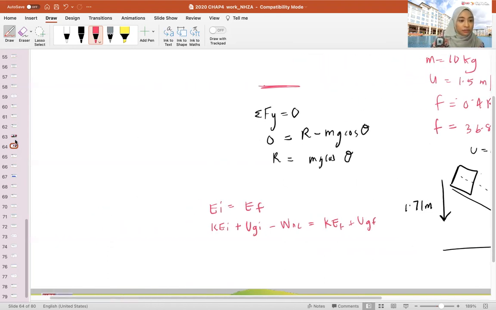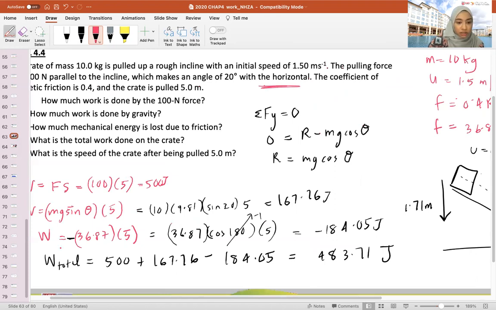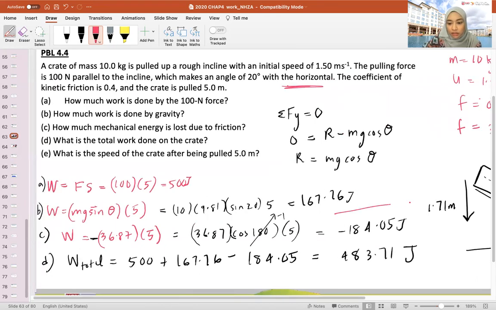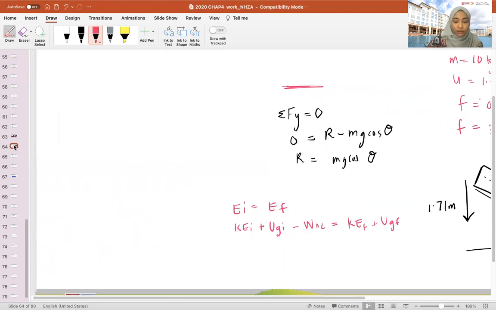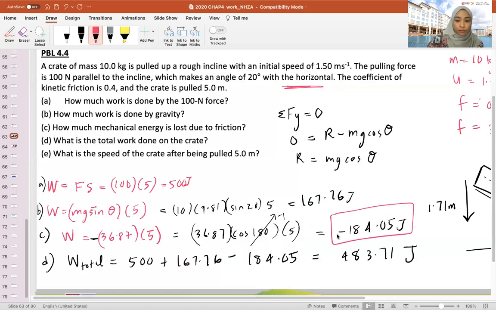Just now, we already calculated the non-conservative work done by friction, and we found this value. How do I know this is the value? Because this is the work done by friction, and the work done by the non-conservative force is equal to the work done by friction. So this is our value actually. So, 184.05. KE is 1 over 2, 10, and then our initial speed was 1.5 squared. UG I don't know. UG initial minus 18, I've forgotten already. 184.05.